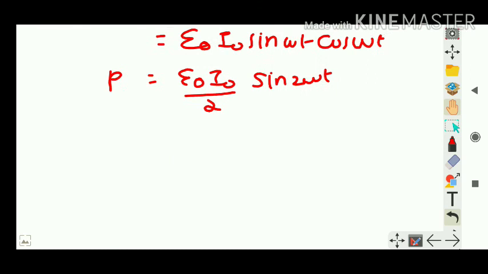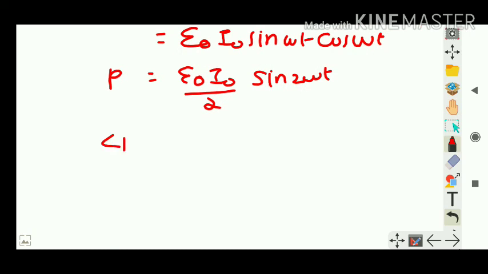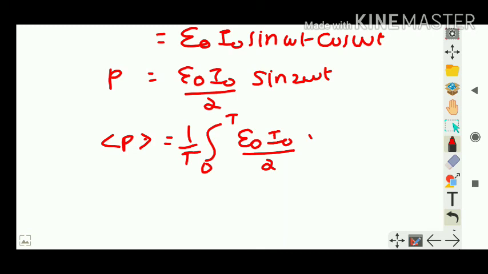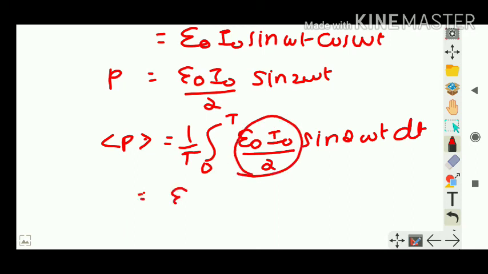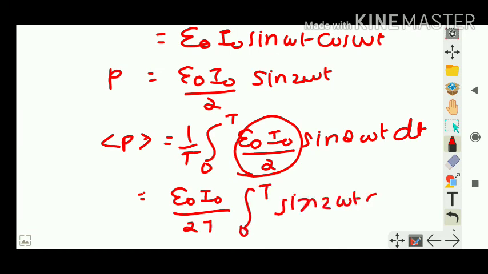Now what is the average power? Average power will be 1 by T integral from 0 to T of epsilon naught I naught by 2 sine 2 omega t dt. This term is constant, so I bring it outside: epsilon naught I naught by 2T times the integral from 0 to T of sine 2 omega t dt.